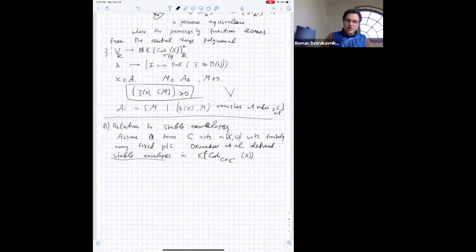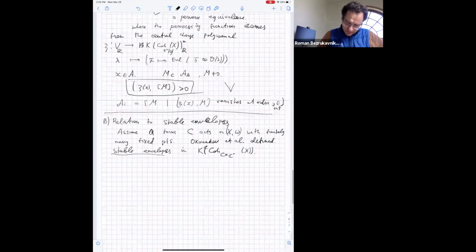So it's some class of an object supported on the attracting variety. So there's an index by fixed points, and supported on the union of attracting varieties of various fixed points for a fixed cocharacter of C^*.